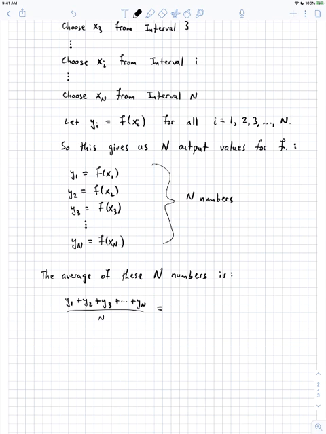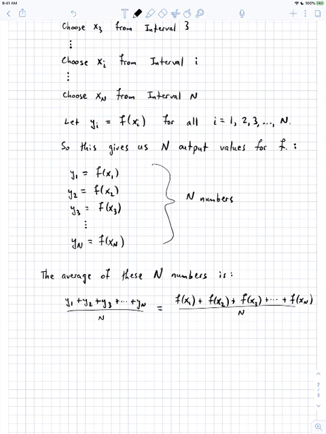But we know what these are. y1 is f at x1, and then y2 is f at x2, and so on, plus f at x3. Keep adding them together until you get to the last one. And all of this is divided by n.